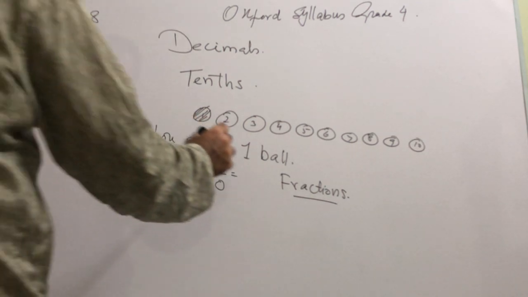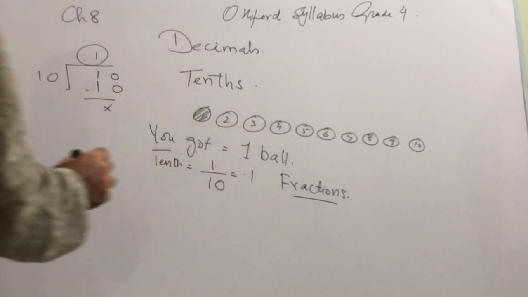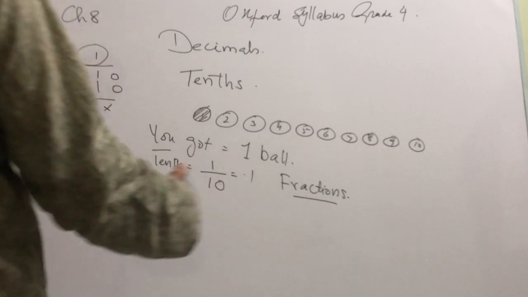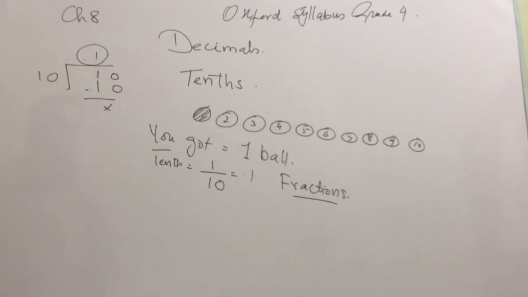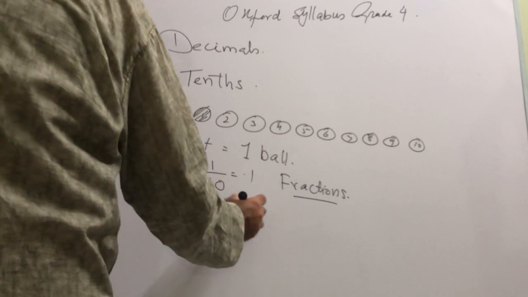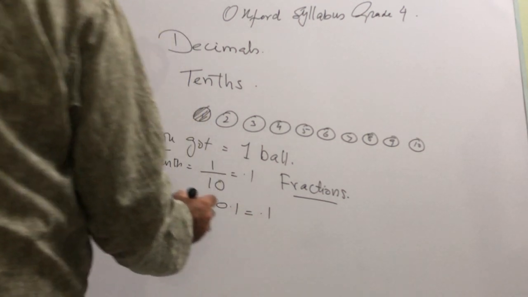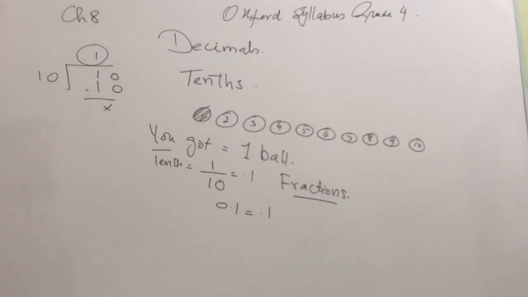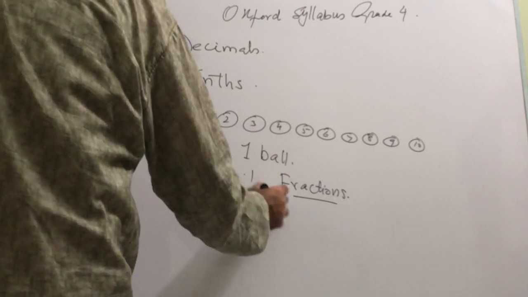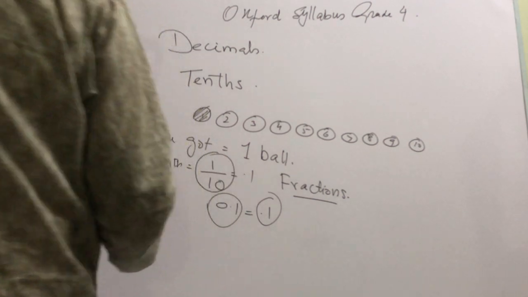So 1 over 10 is equal to 0.1, or this is decimal, we pronounce it as 0.1. If we say 0.1, it is same. 0.1 and 0.1 both are same. Okay. So this 0.1 are in fractions 1 over 10.